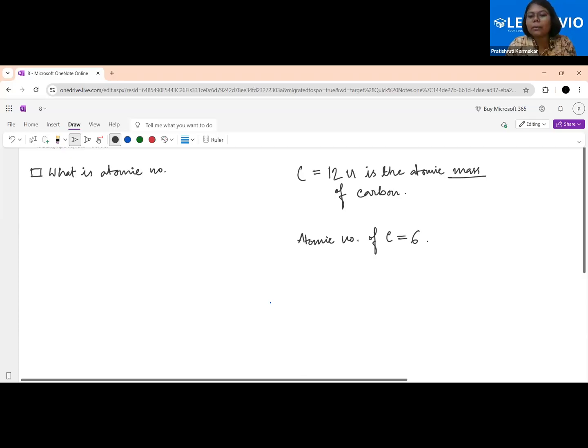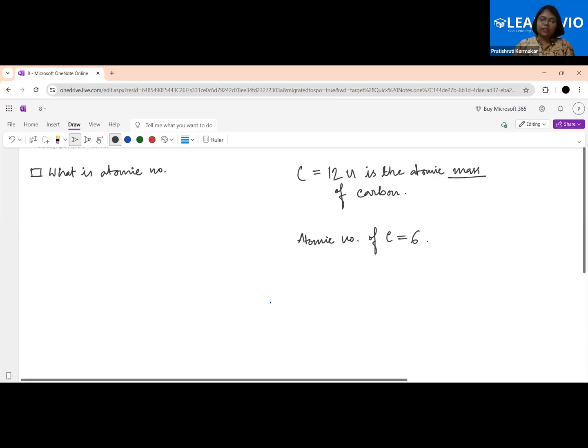Now, why is the atomic number of carbon 6? If I say the atomic number of hydrogen is 1 or the atomic number of helium is 2, why? Because in the periodic table, the numbers go like that. Carbon comes in the sixth place in the periodic table. That is because carbon's atomic number is 6. That's not the reason, that is the result.